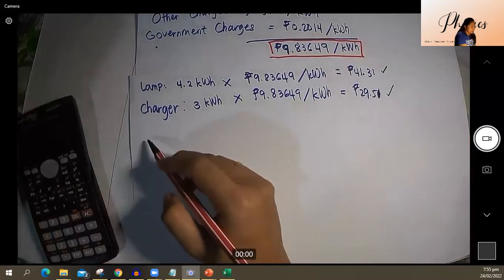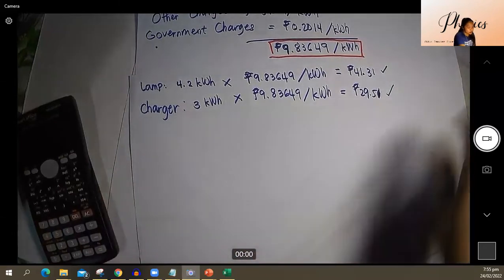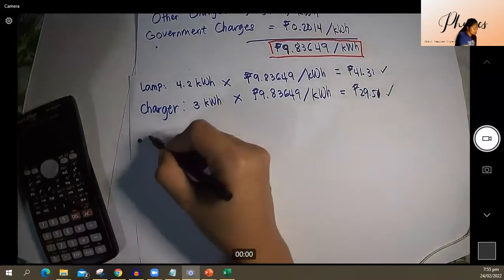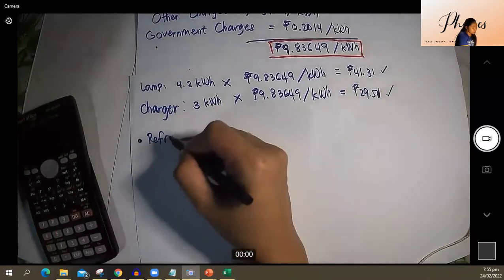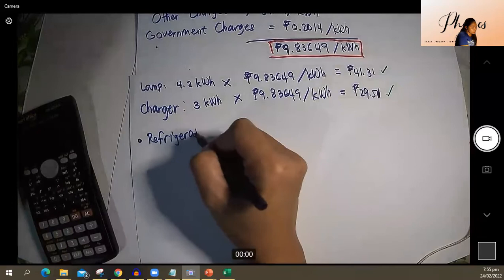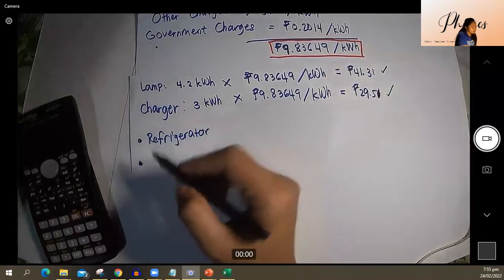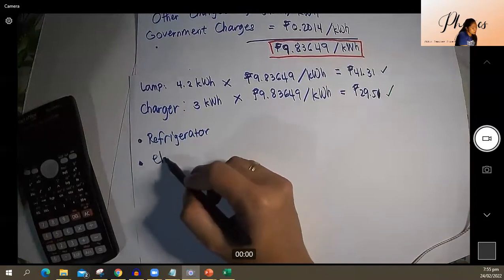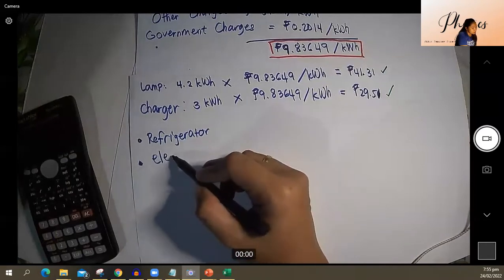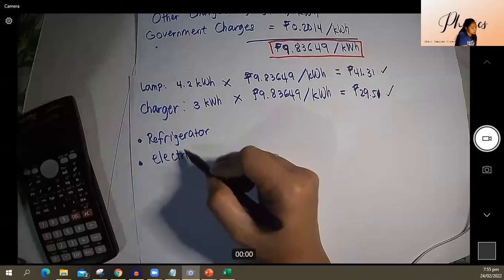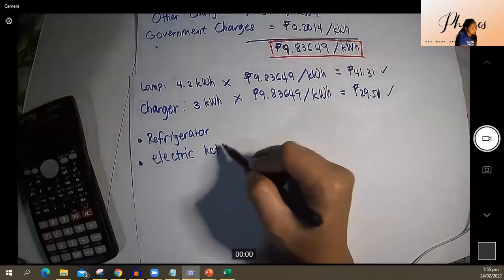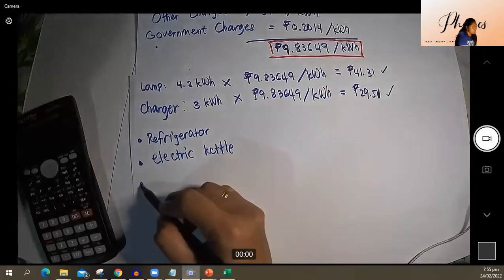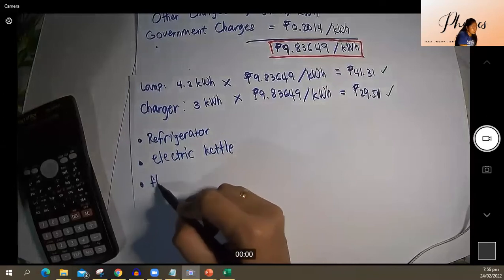So you can also have the refrigerator here, and all the other appliances, like, let's say, electric kettle, what else, flat iron.